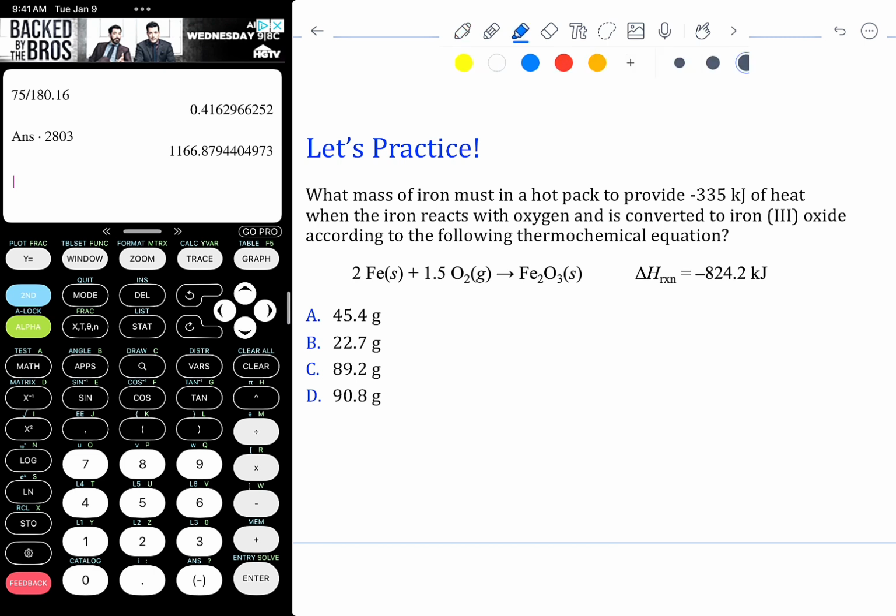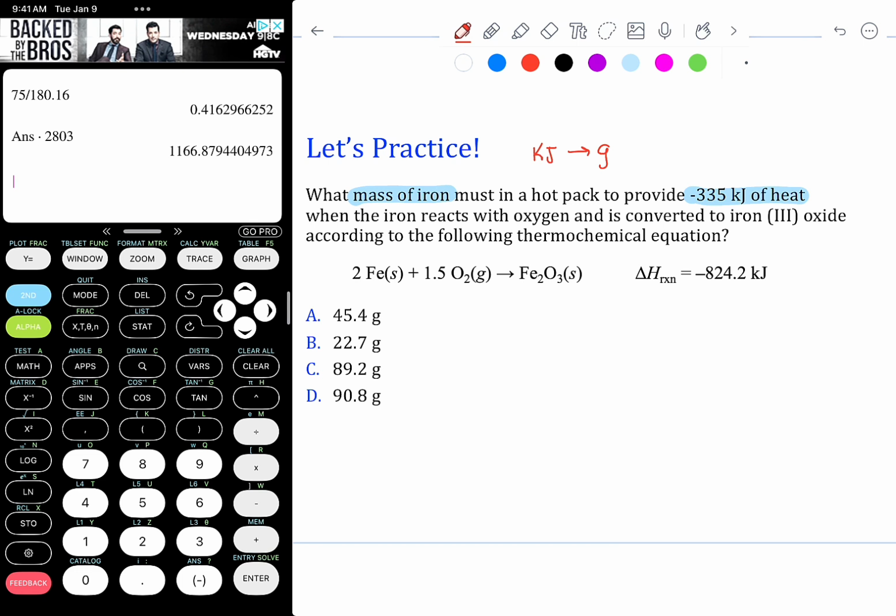So we have negative 335 kilojoules of heat, and we want to know the mass of iron. So we want to somehow go from kilojoules to grams. This is just like our previous problem, but backwards. So we know we can't directly go between kilojoules and grams. There's no way to do that.